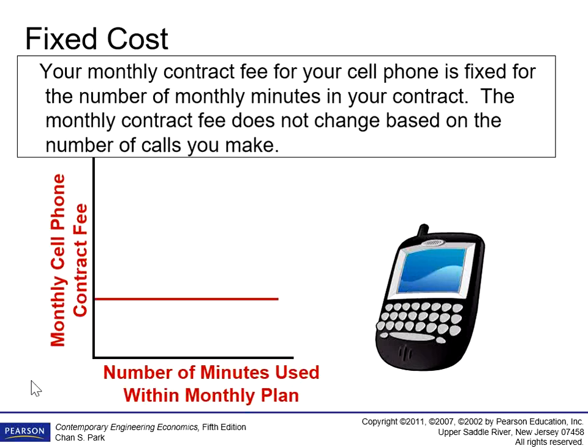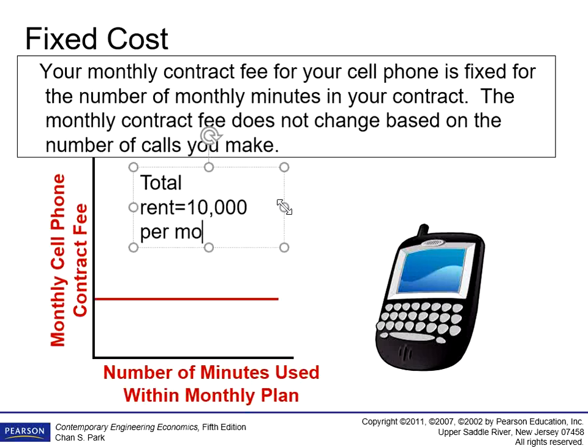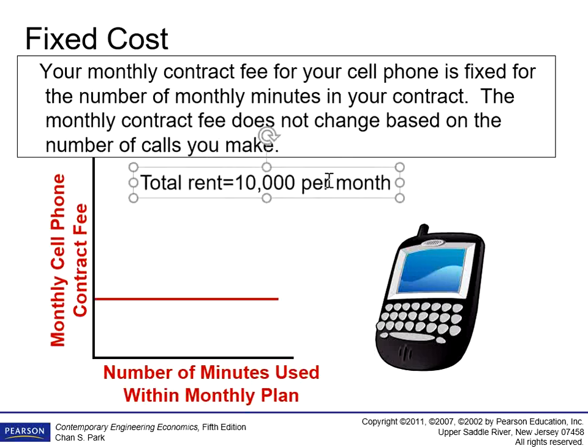But how about fixed cost per unit? Can you explain to me what I mean by fixed cost per unit? Let's say the total rent of our classroom, which we are using, is 10,000 per month, or I'll say per year.